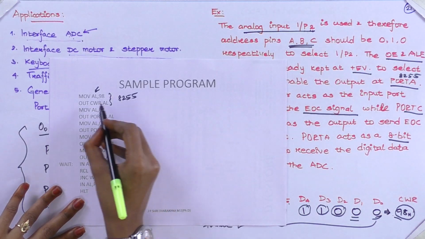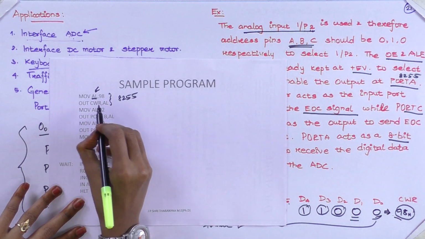IN instruction means the processor will receive data, OUT instruction means the processor is giving data to the peripheral device. Sending or receiving data should happen through the accumulator register. The accumulator here is the AX register, which is 16-bit. Since we are dealing with 8-bit data, the AL register, the lower byte of AX, is used here.